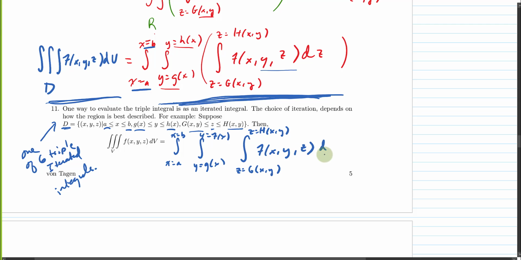Well, you're working from the inside out, so this is going to be dz, dy, and then dx. And by the way, I missed the dy and the dx on that one up there.